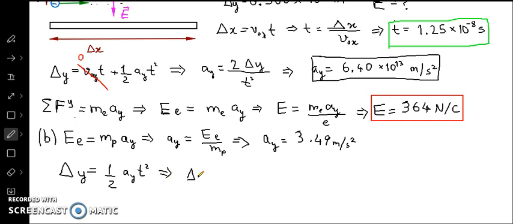Again, when you plug in the values, you need to plug in the new value that we found for the acceleration, and t is the same, which is 1.25 times 10 to the negative 8 seconds. So the answer here is going to be equal to 2.72 times 10 to the negative 6 meters.